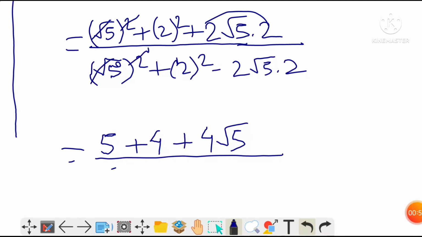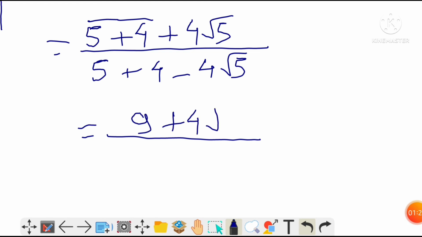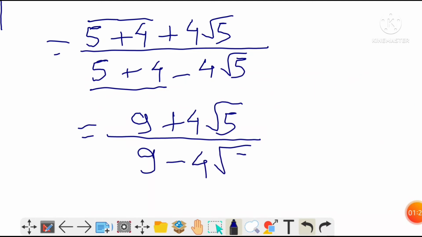In the denominator, we'll have 5 plus 4 minus 2 2's are 4, again 4 root 5. Now we'll add the numbers. 5 plus 4 is 9. In the numerator, we'll have 9 plus 4 root 5, and in the denominator we'll have 5 plus 4, 9 minus 4 root 5.